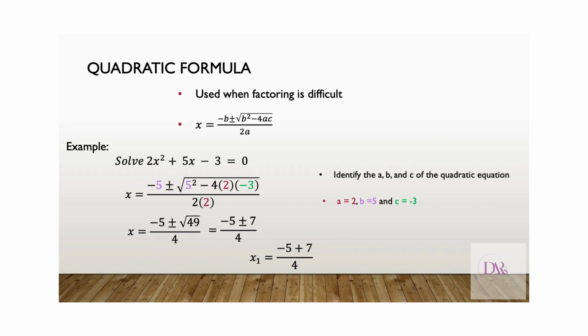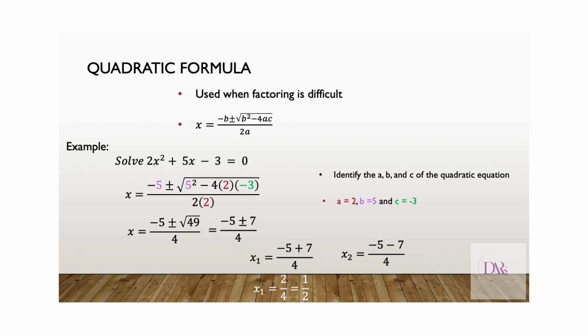So first we will add the 7: -5 plus 7 divided by 4. Then next we will subtract the 7: -5 minus 7 divided by 4.